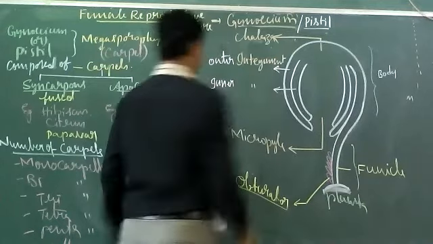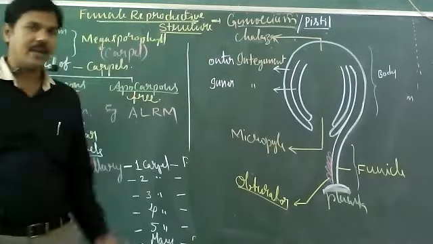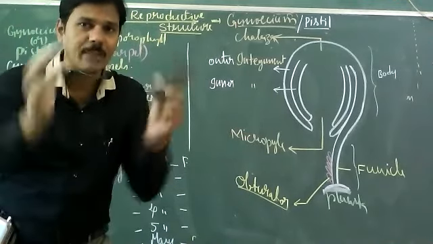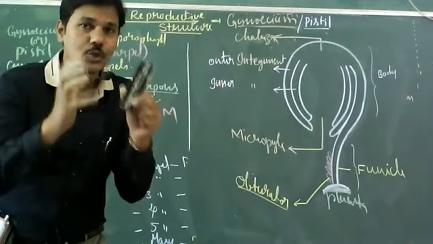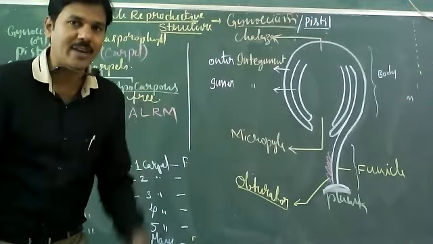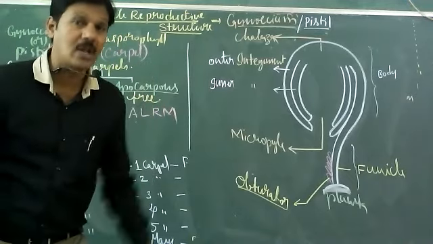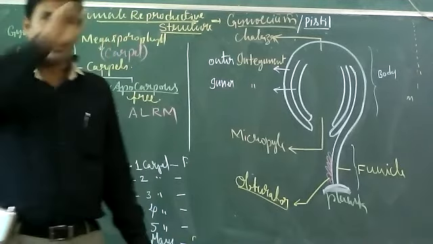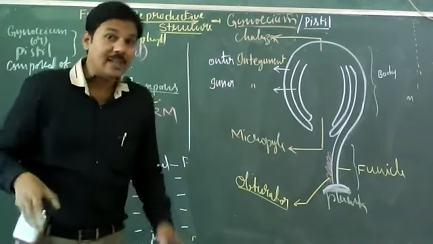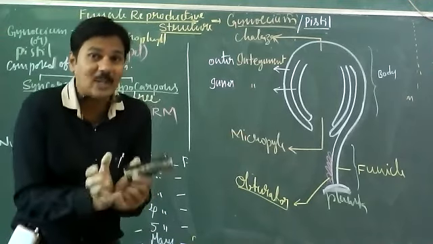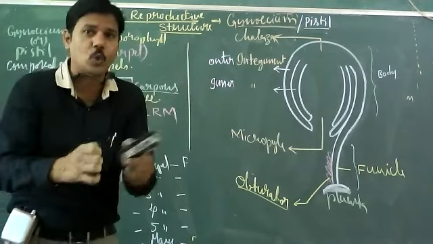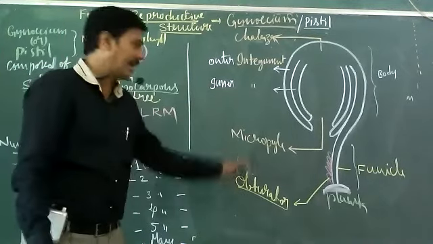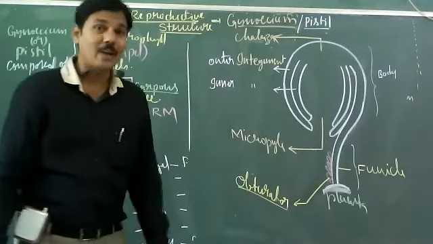So the entire ovule body is covered by two coverings, called integuments, outer integument as well as inner integument. These integuments completely close the entire ovule, but leave a small gap at the tip. That gap is called micropyle.